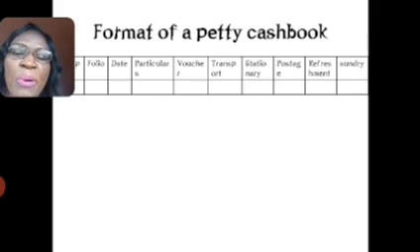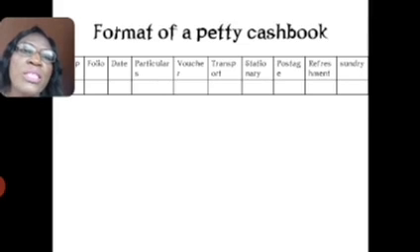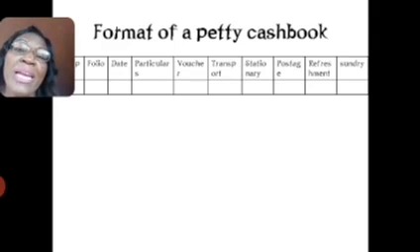If you look at the format, you will see you have the folio, the date, the particulars, the voucher, the transport, stationery, postage, refreshment, sundry, and so on, depending on the columns created by the petty cashier. So the format for one office might be different from the format for another office, depending on the items used in that particular office.